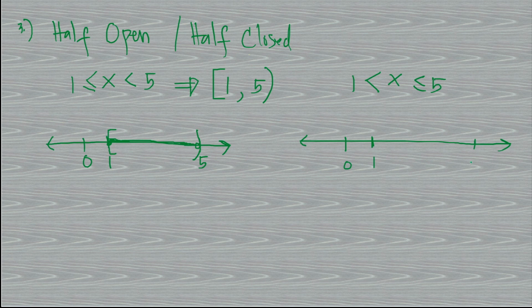So in other words, open at 1 but closed at 5. Open at 1, the endpoint is not included, but 5 is included. So this is the reverse of our first illustration. We can rewrite this as (1, 5]. These two examples here are examples of what we call half open and half closed intervals.